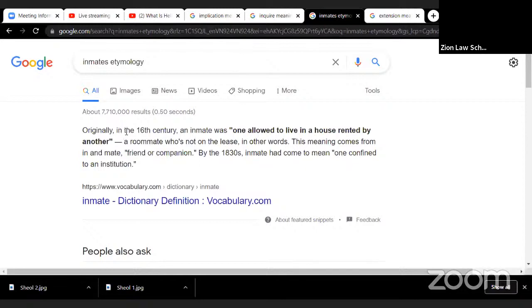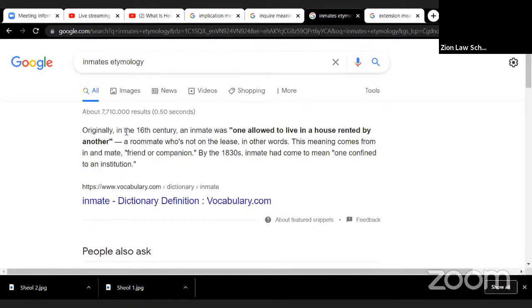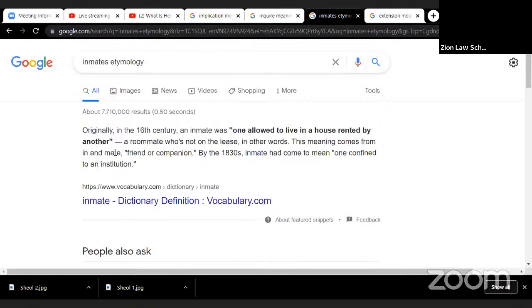Originally in the 16th century, an inmate was one allowed to live in a house rented by another. A roommate who's not on the lease. In other words, okay, I understand it now. This meaning comes from in and mate, friend or companion. Okay. So this is not relating to allodial or mortgage. This is just somebody who's not on the lease.